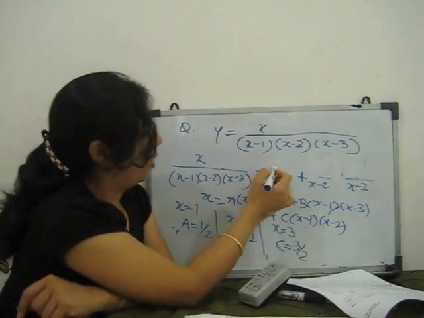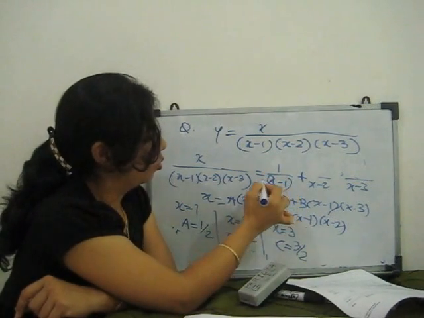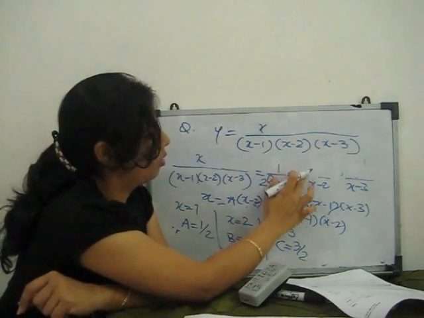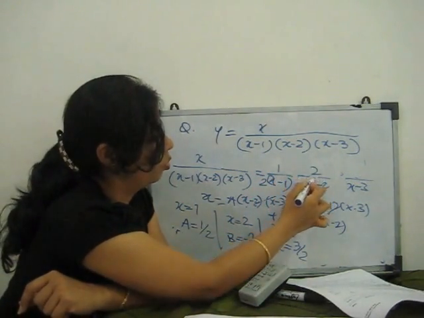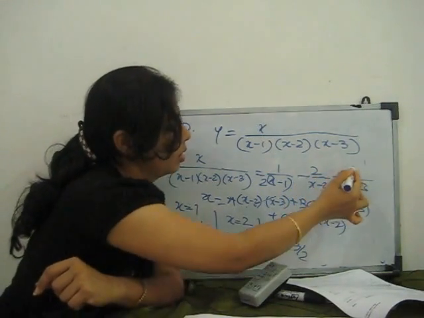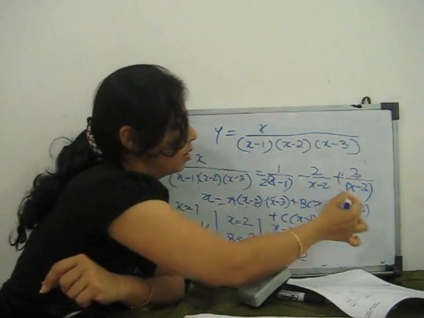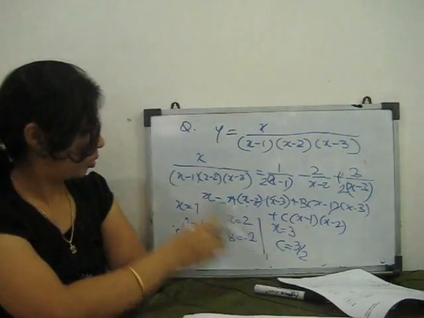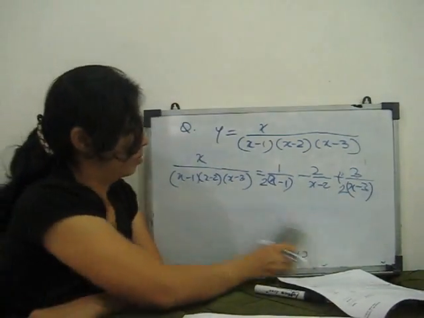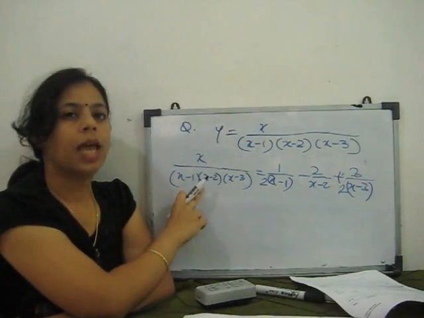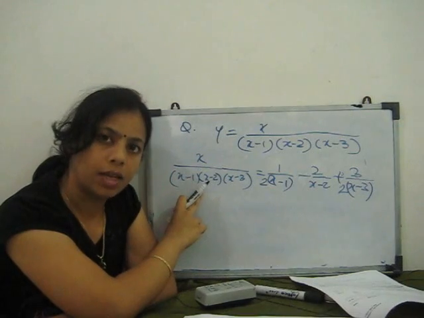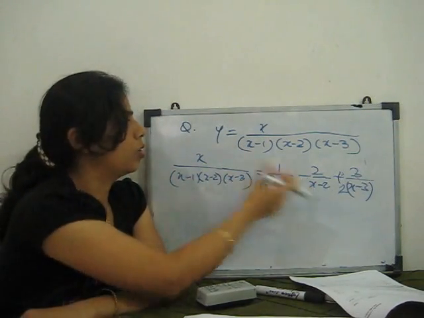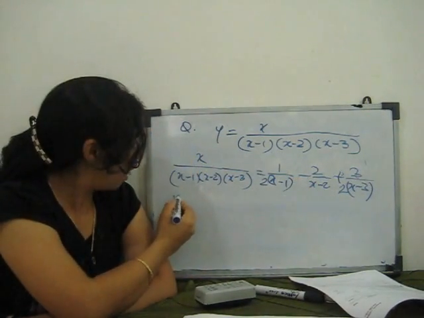So 1 by 2 minus 2, this is plus 3 by 2. Means x upon (x minus 1)(x minus 2)(x minus 3) is equal to this. Now we have to find out y1.